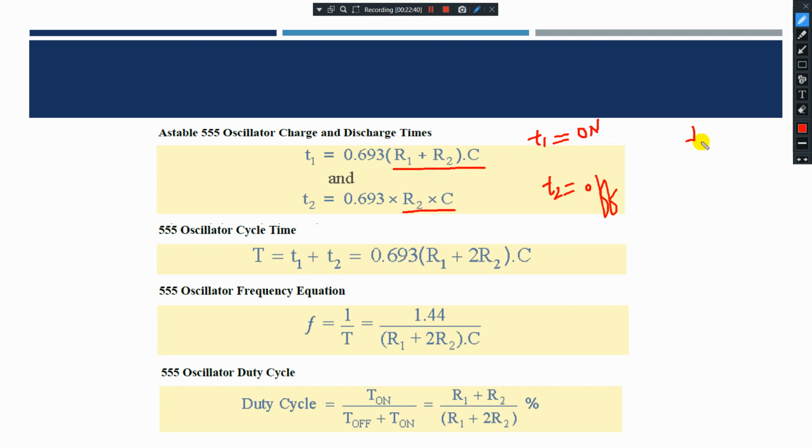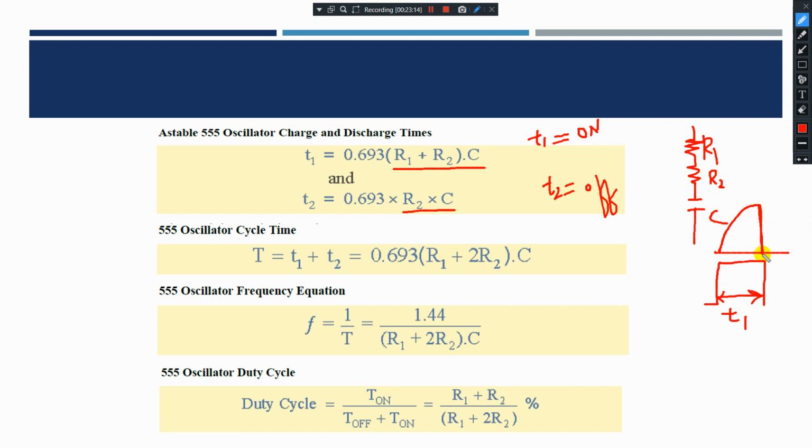The reason is, we know R1, R2 and C give you charging. Until your capacitor charges to its peak value, 2/3 of VCC, your output remains high. This duration is a particular time period, that is T1.